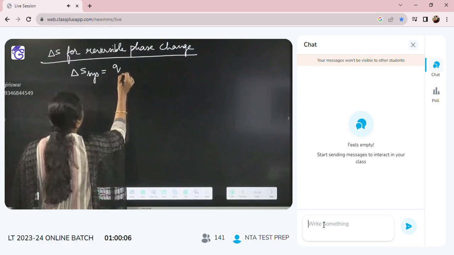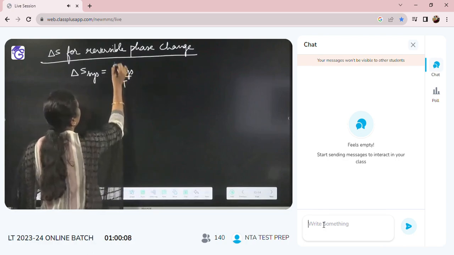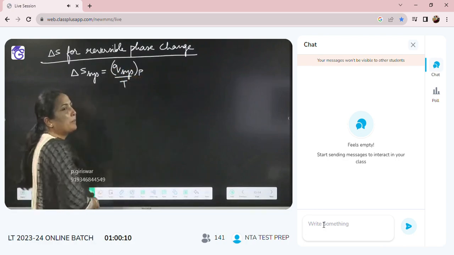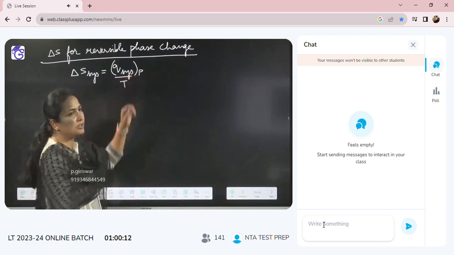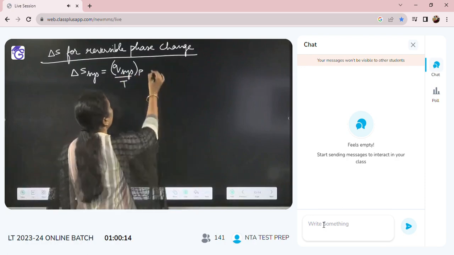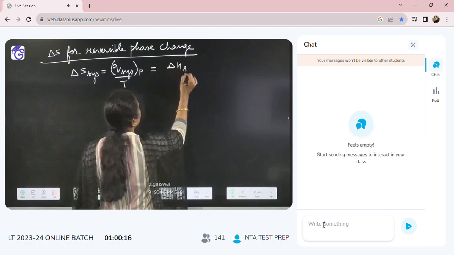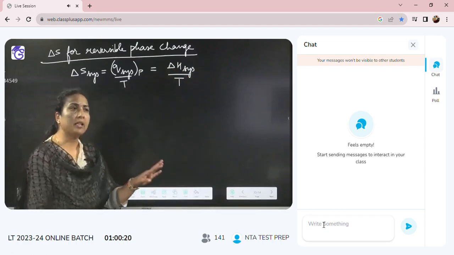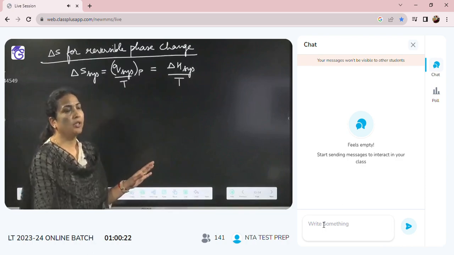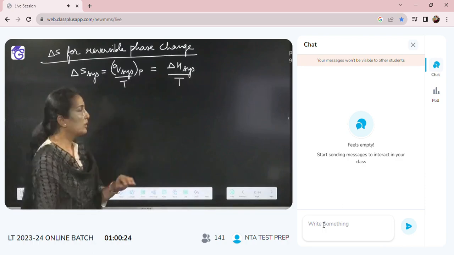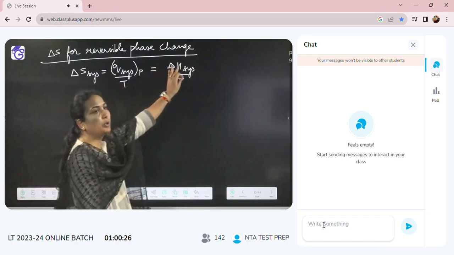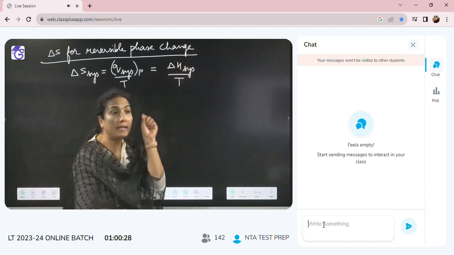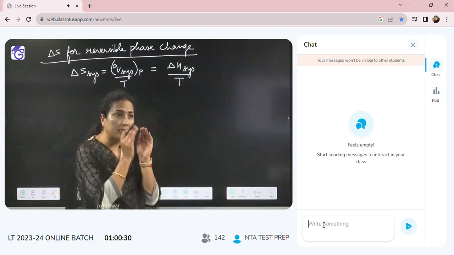Now, let us talk about delta S system here. Can I write this as Q system upon T? And since it is happening at a particular pressure and temperature, I can write Q system at constant pressure. Now, heat exchange at constant pressure is known as what? Delta H. Now, depending upon the process: for fusion, delta S fusion equals delta H fusion upon melting point temperature, because fusion happens at that temperature.